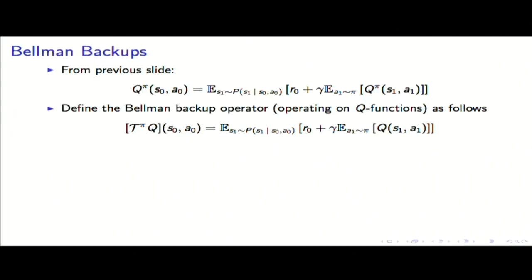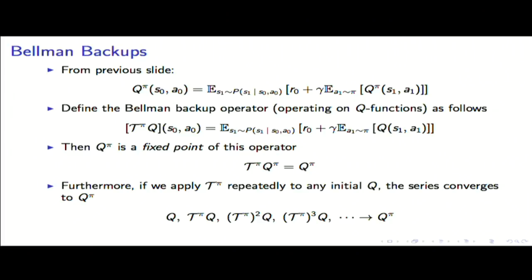So this is how we define this Bellman backup operator, and Q pi is a fixed point of the operator. That's just an equivalent statement of the Bellman equation. And since this Bellman operator is a contraction, if we apply it over and over again, no matter what Q we start with, the result will converge to the fixed point, which is this Q pi.